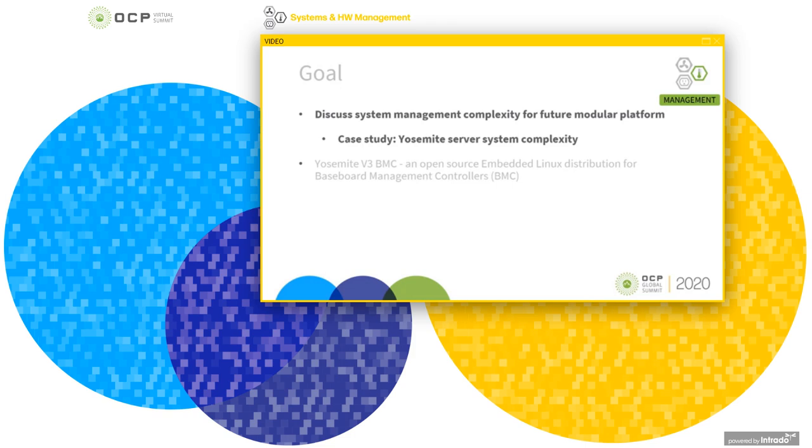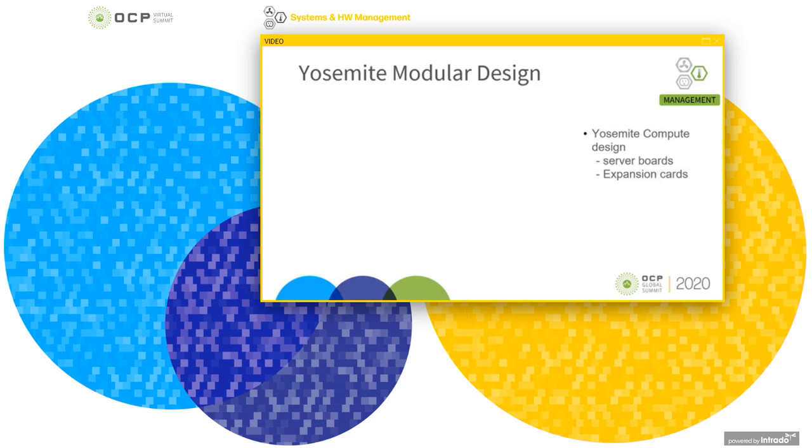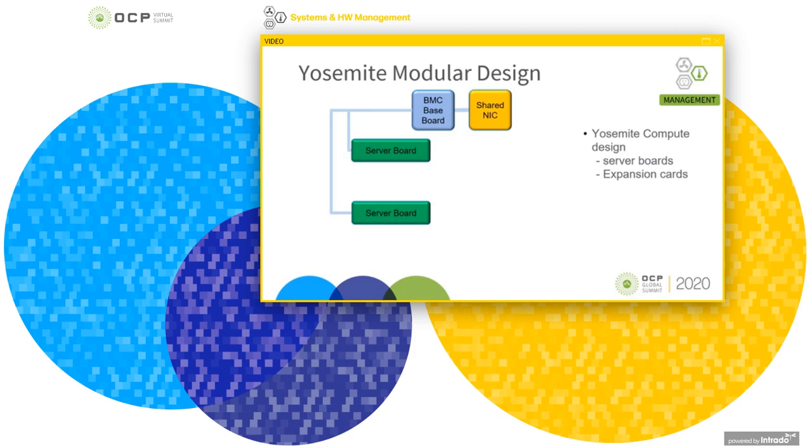So let's get started. I'll start right now to discuss system management complexity for future modular platforms. Yosemite Compute Design has a baseboard with shared NIC that manages server boards and their expansion cards. Each server board can have a bunch of flash attached to it.